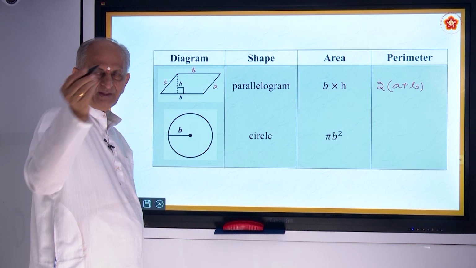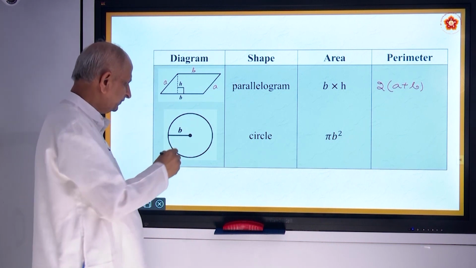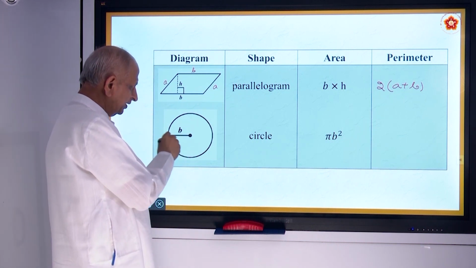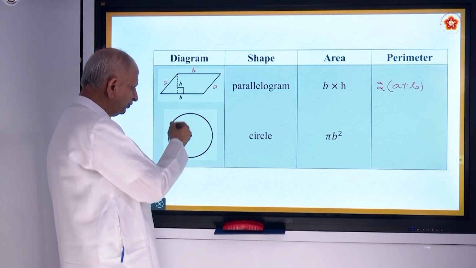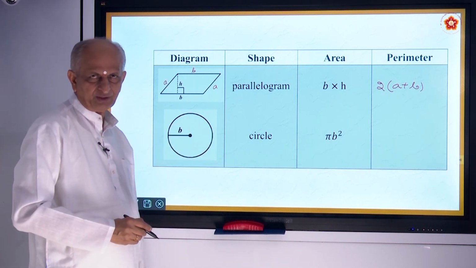That is nothing but the sum total of the boundary. Coming to circle, area of circle is pi into radius square, pi r square.